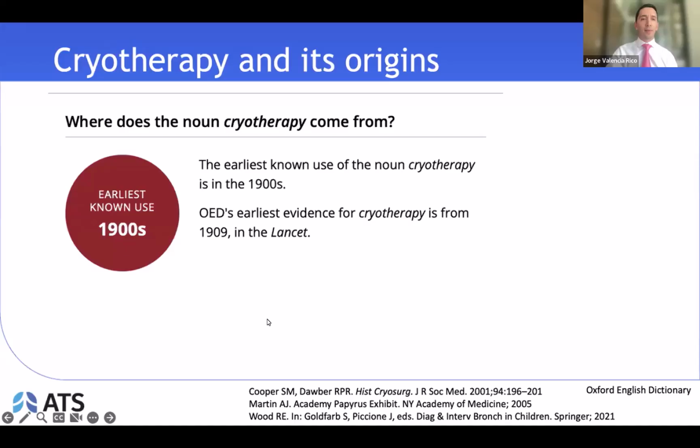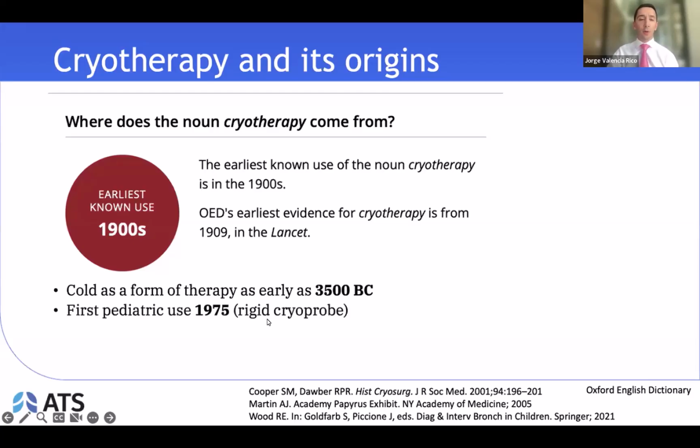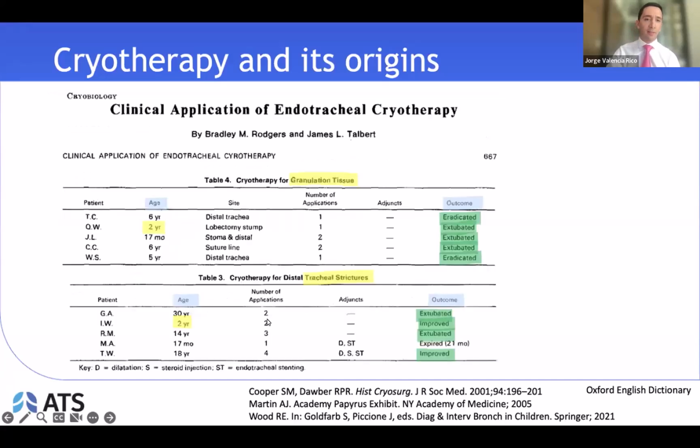The word cryotherapy first came around in the early 1900s, but cold as a form of therapy has been used as early as 3500 BC for inflammation and injuries. The first pediatric use of cryotherapy through a rigid cryoprobe was back in 1975.